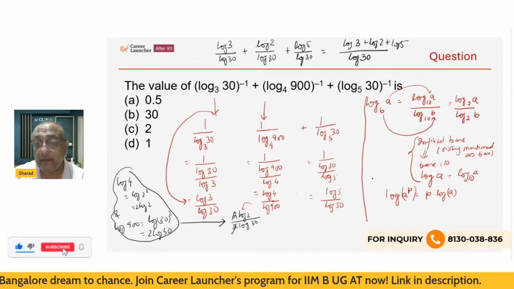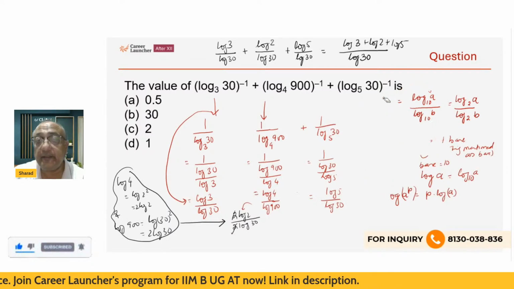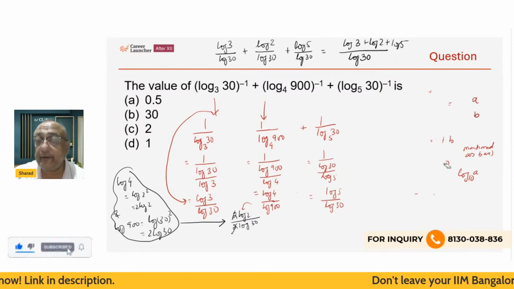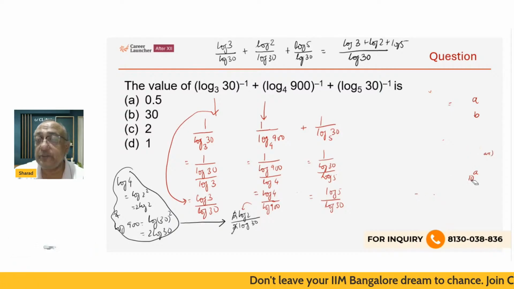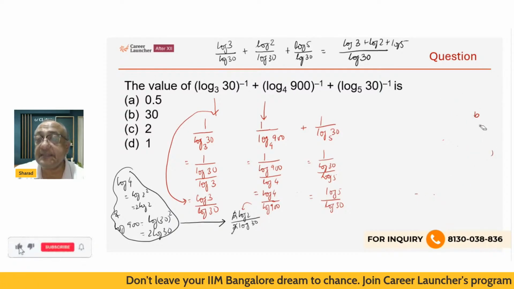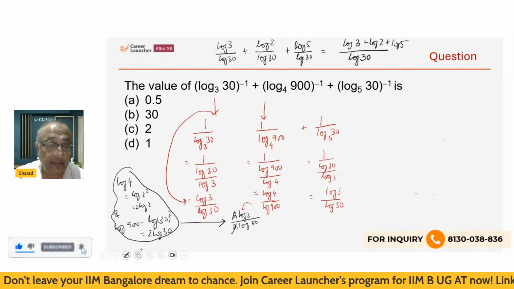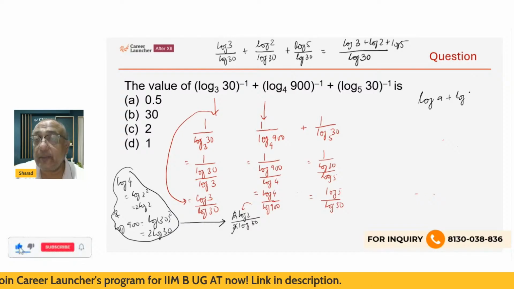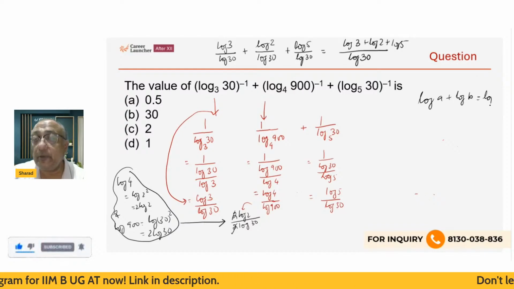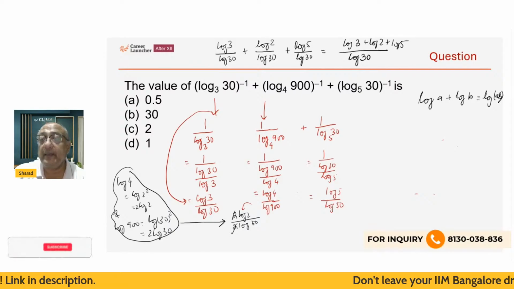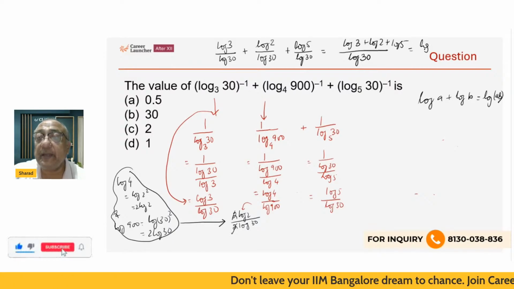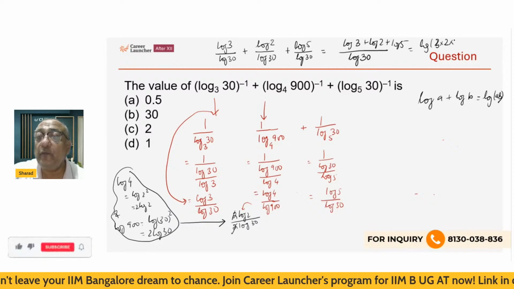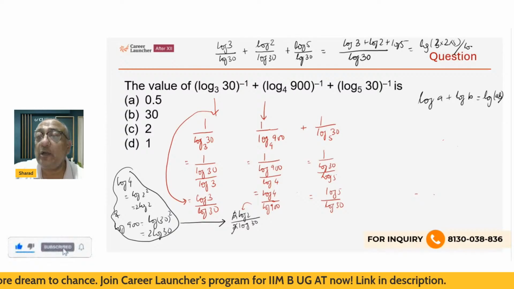There is again a formula which I'm going to write here, which all of you will be aware of. If the base is the same and two logs are added, log A plus log B, we know that this is equal to nothing but log of A into B. So here I'll use this concept and it will be log of 3 into 2 into 5 upon log 30.